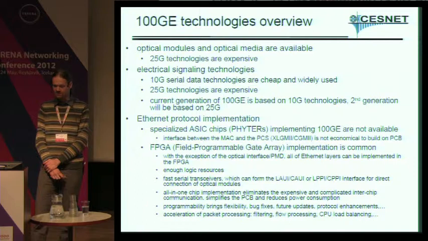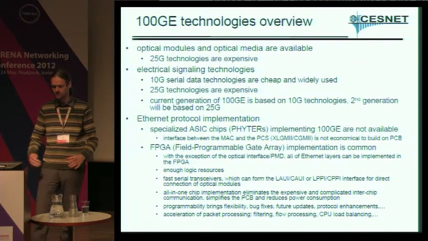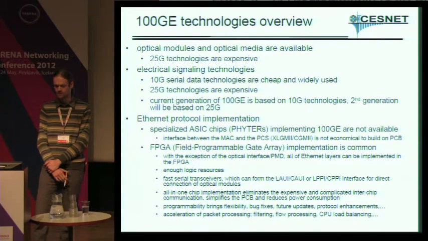I've mentioned the PHY chips, ASIC chips implementing the lower layers of the Ethernet, which were widely used for 10G. However, for 100G they are not available, and they will probably never be.